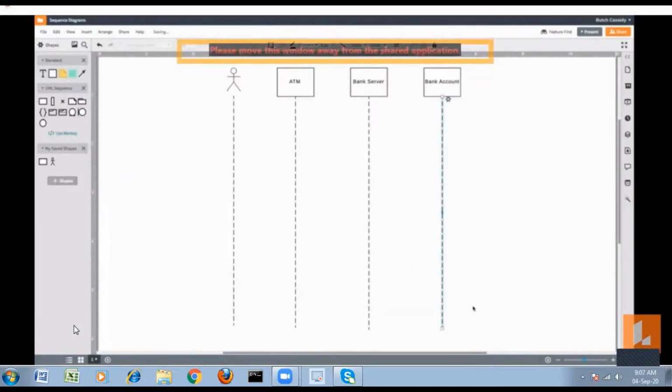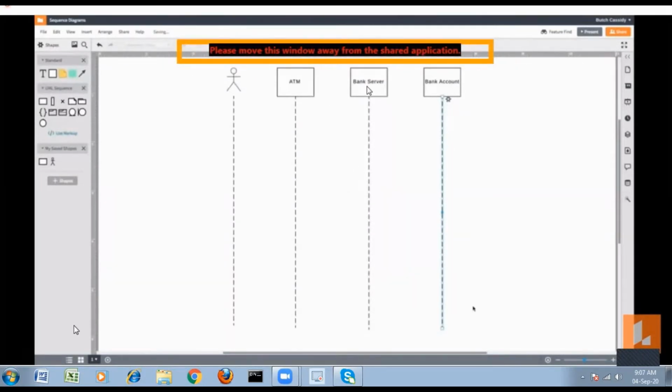Basically, if I talk about the different components, the first one is something you've also seen: this symbol is also used in your use case diagram. This could be any external party to your particular system. It's again an actor, an external party that is giving some inputs to your system, or the process that is taking place in your system.